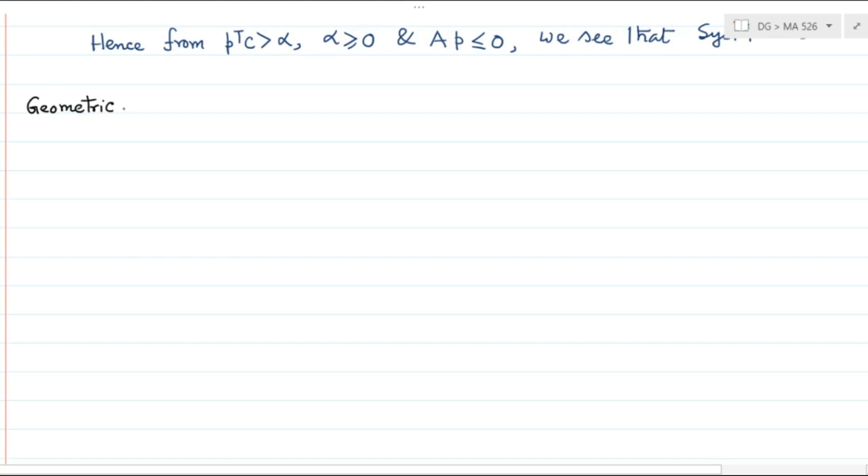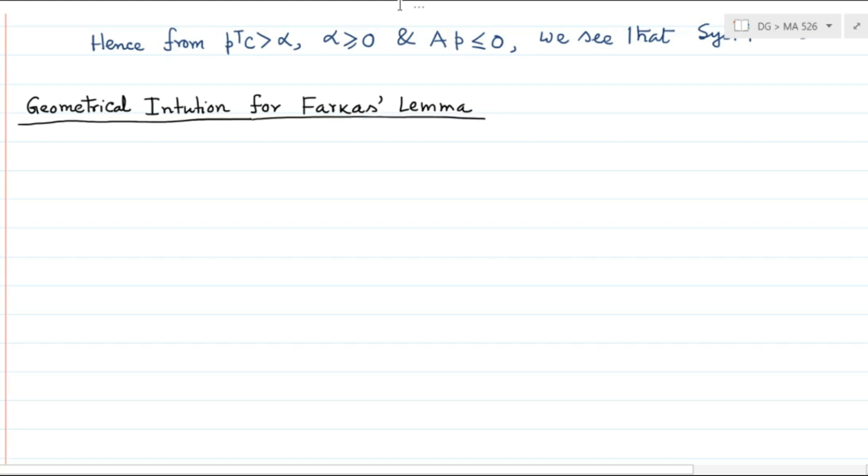A very nice geometrical fact is involved in system 1 and in system 2. Now let me explain. What does system 1 say? Let me try to find what system 1 says.